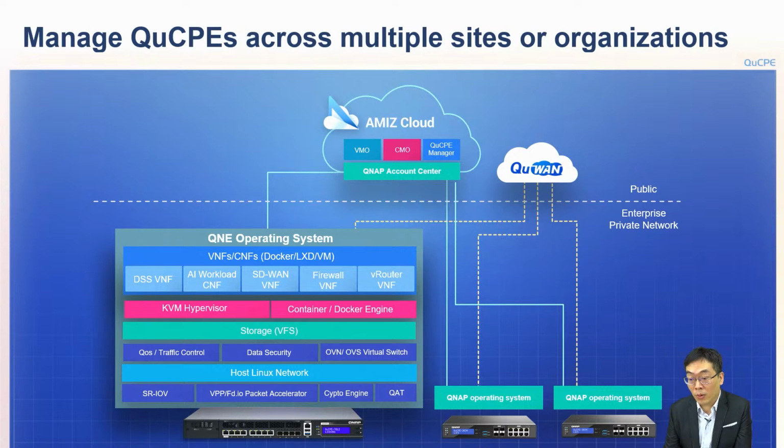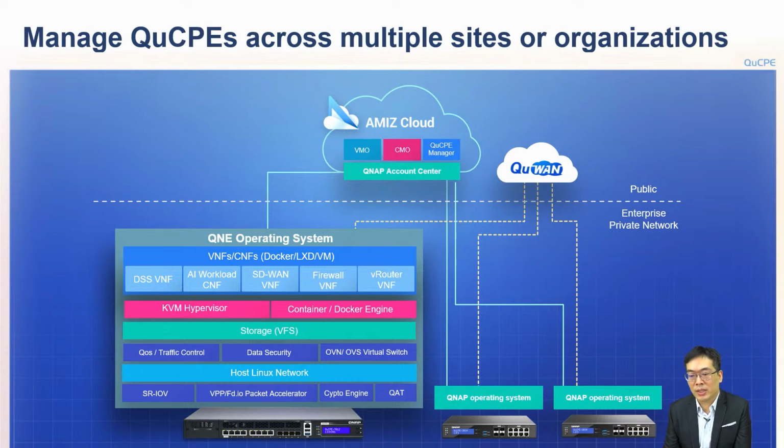And of course, the foundation, the baseline that we have to provide, is basic hardware device management to help you understand all your device health status, location, and resource allocation. That information is available on Armis Cloud. And again, we support the QNE.